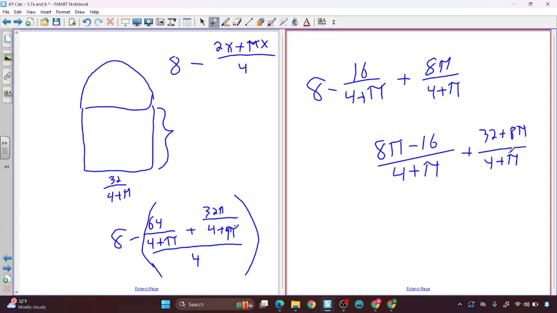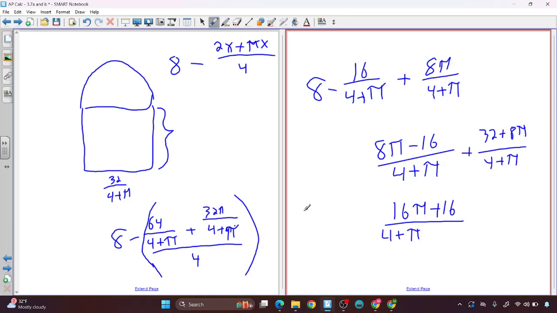Right, now if I factored out an 8 there, I'd have 4 plus pi, those would cancel, and I'd have just 8. So I think that's okay. And this ends up giving us 16 pi plus 16 over 4 plus pi. I don't know. That's got to be pretty good. Let's pause and find out.